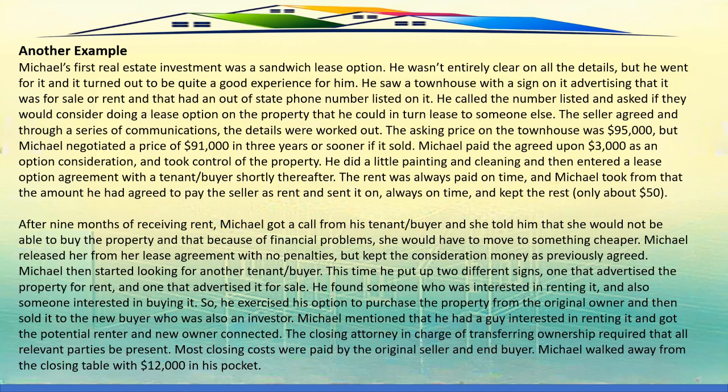Michael mentioned that he had a guy interested in renting it and got the potential renter and new owner connected. The closing attorney in charge of transferring ownership required that all relevant parties be present. Most closing costs were paid by the original seller and end buyer. Michael walked away from the closing table with $12,000 in his pocket.